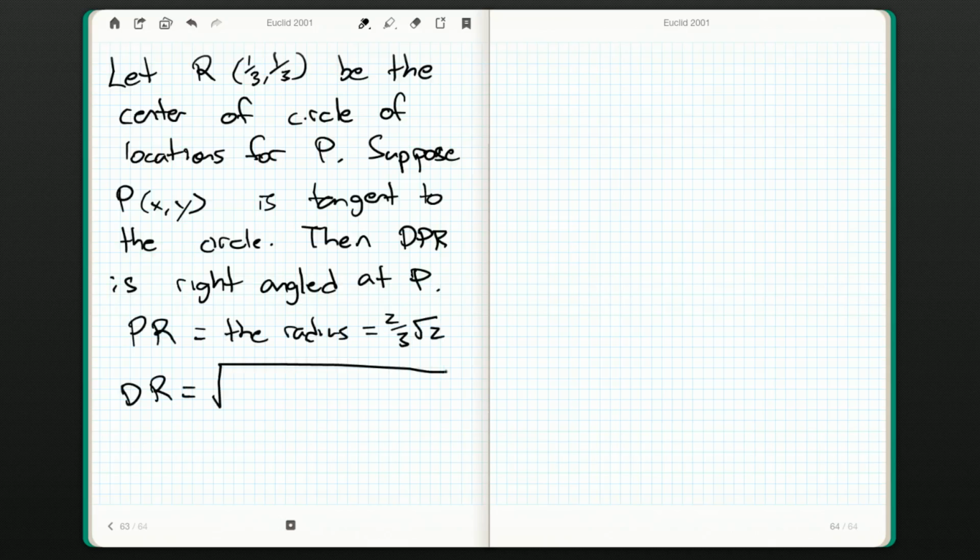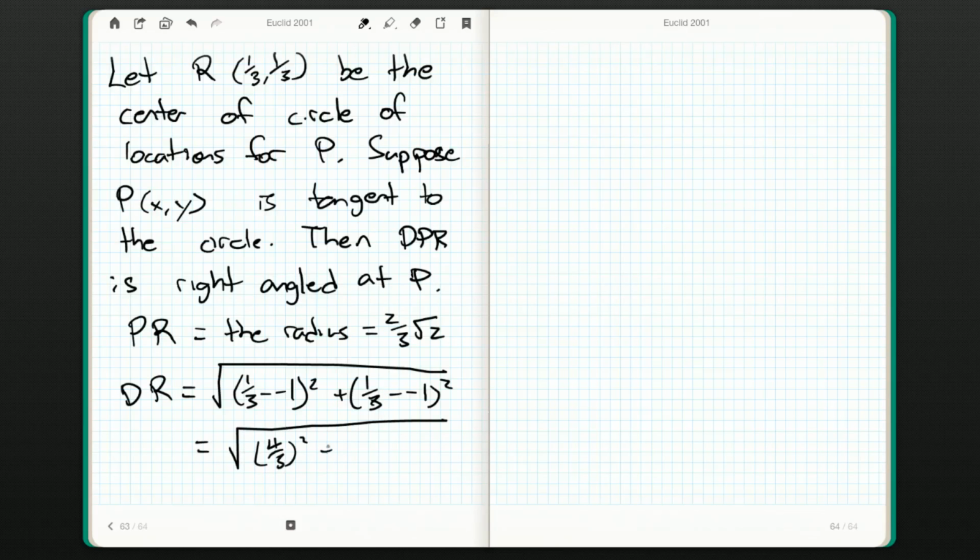DR is, well, we can use that distance formula. Square root of 4/3 squared plus 4/3 squared. So that's going to be 4/3 root 2. Oh, that's cool.